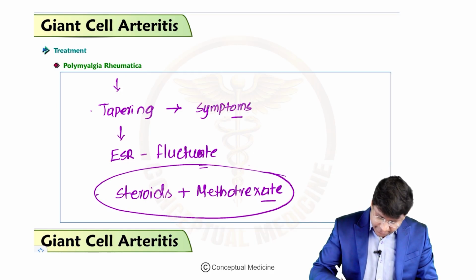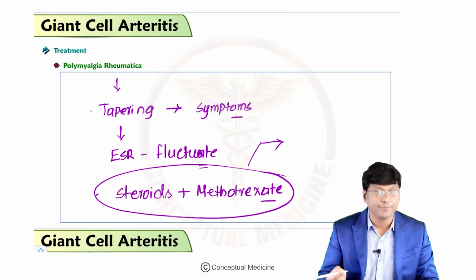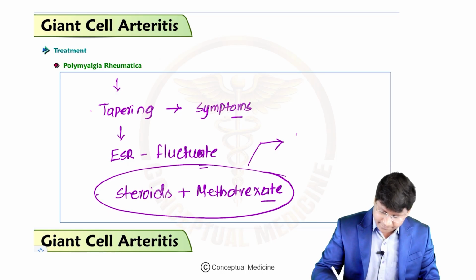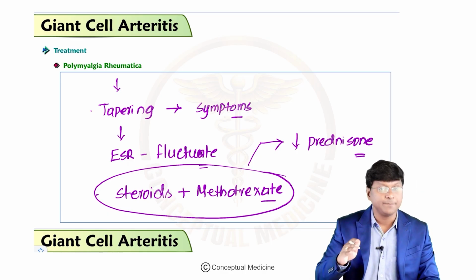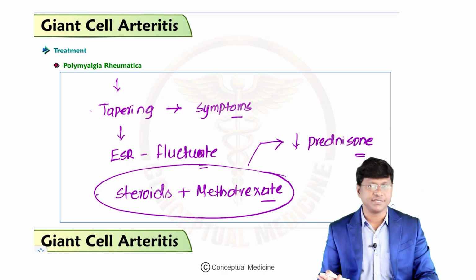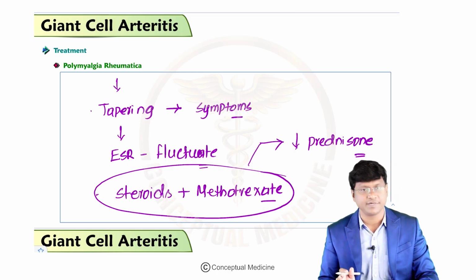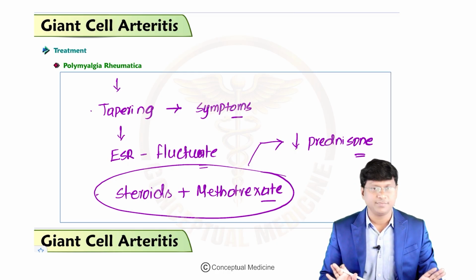So this combination is helpful in successfully tapering the prednisolone in some patients whenever you add methotrexate to the steroid. So that is about the treatment of polymyalgia rheumatica.